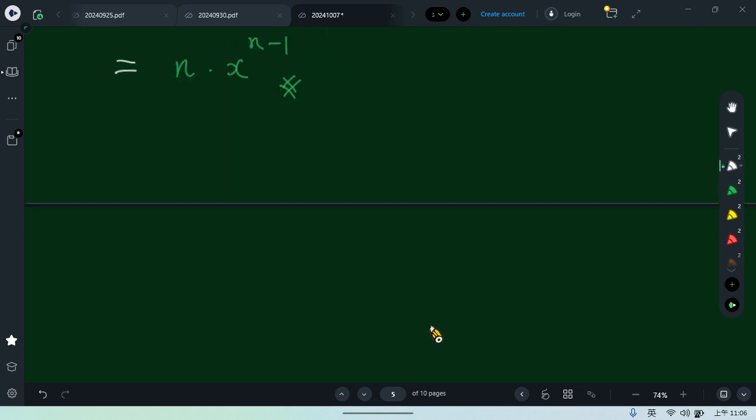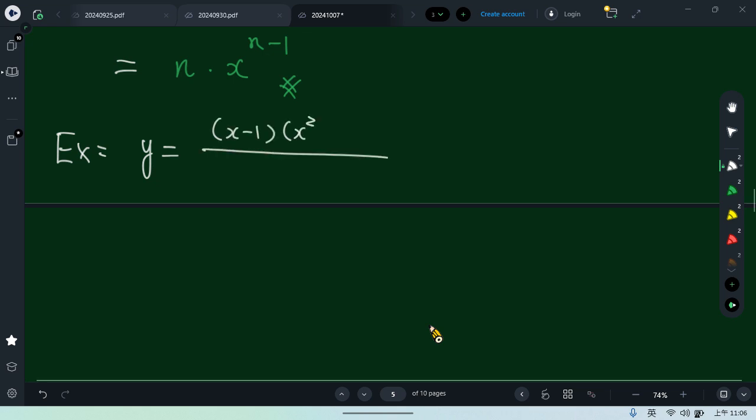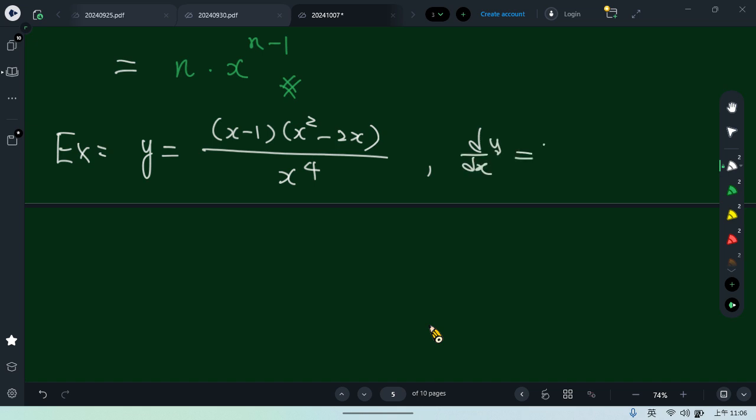Okay, so I give you an example here that y is equal to... okay. So if I want to get dy over dx, differentiate y, what is the result? When you take a look at the function here, you will suddenly decide to use rule number 6.